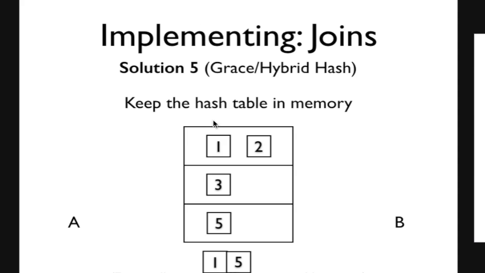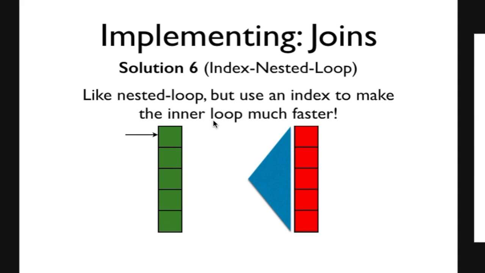All right, so the last join algorithm assumes that you already have an index structure built up. So if you have a hash index or a tree index already built up, you do exactly the same thing, except now you don't actually have to build the hash index.